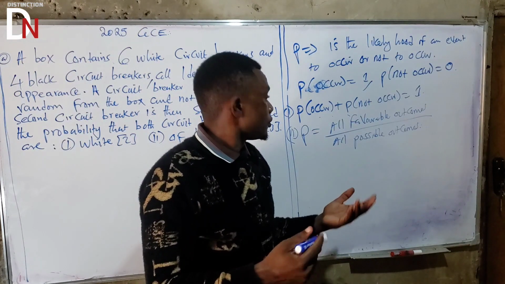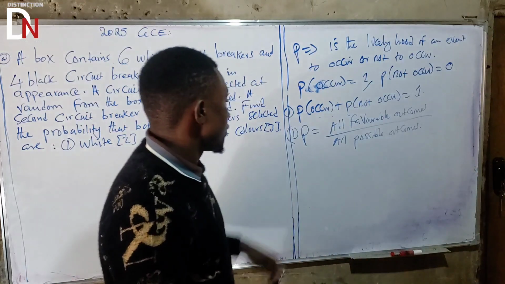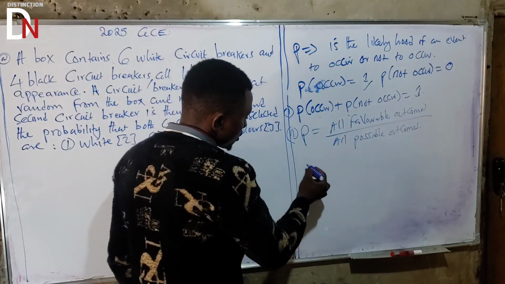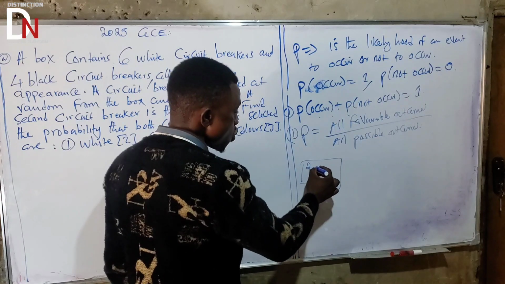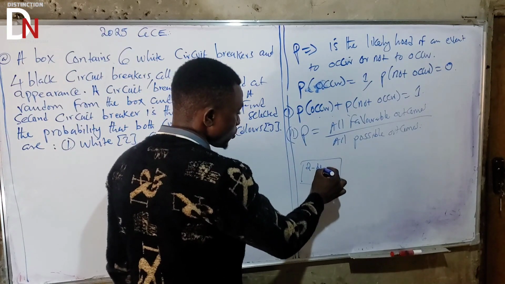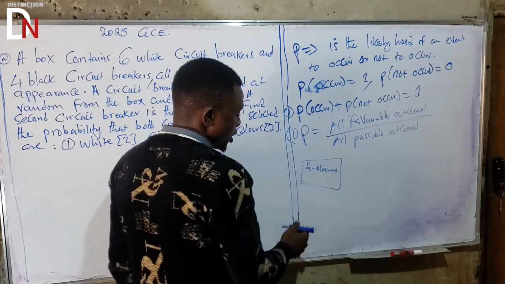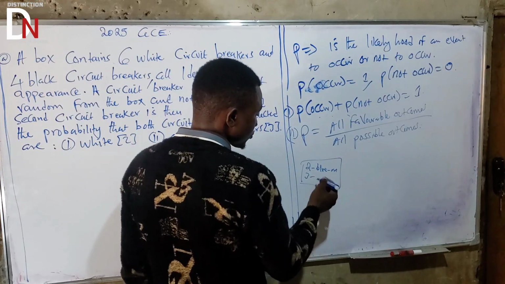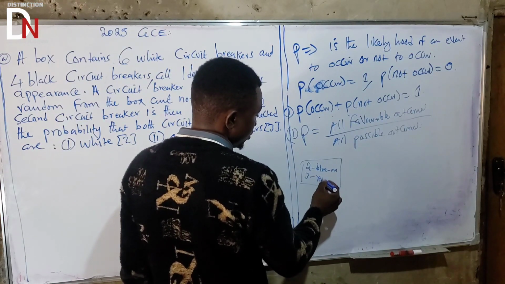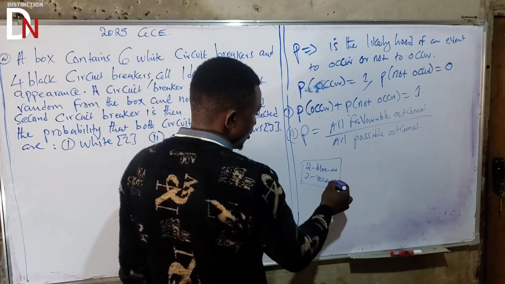I would say, for example, in a box, I would say 2 blue marbles, as well as 3 yellow marbles.